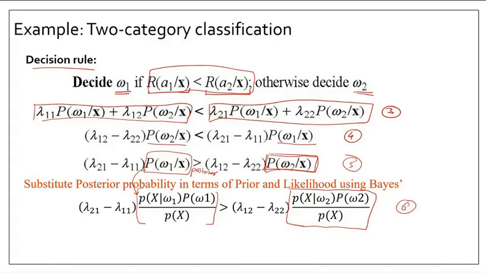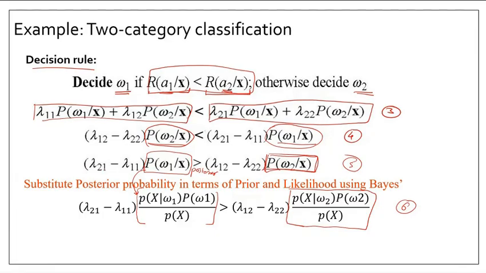Then in this condition, we substituted the definitions of risk for alpha 1 and alpha 2 in equation 3. Then in equation 4, we rearranged the terms of posteriors in proper way. These are the terms collected for probability of omega 1 given x, and to the left hand side the probabilities of omega 2 given x are collected, and then we multiply by -1 so that the fifth equation will appear.